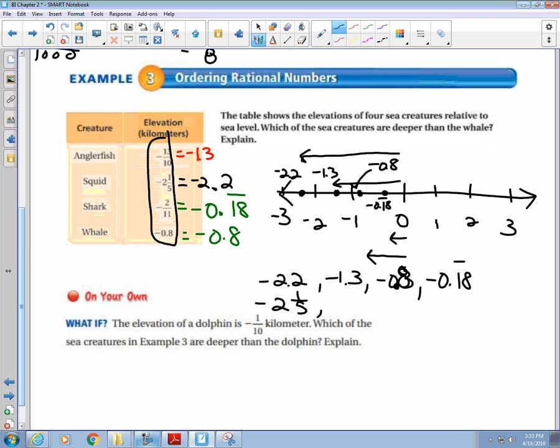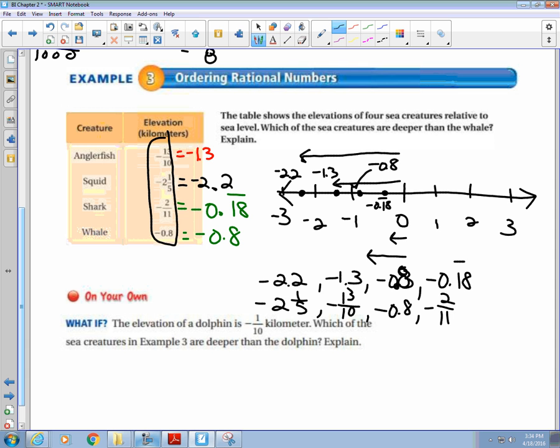Negative 1.3 started as negative 13/10, so I want to rewrite it as negative 13/10. Negative 0.8 started as negative 0.8, so I'm going to leave it that way. And then negative 0.18 repeating started as negative 2/11, so I'm going to rewrite it as negative 2/11.